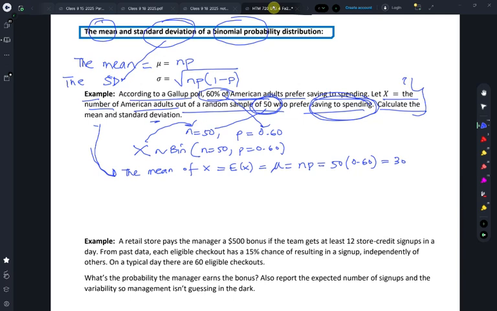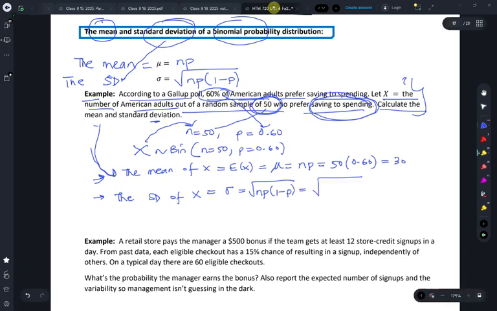Then we look at the standard deviation. The standard deviation of our binomial random variable will be the square root of np(1 - p). We got an answer for n times p earlier. That was 30.